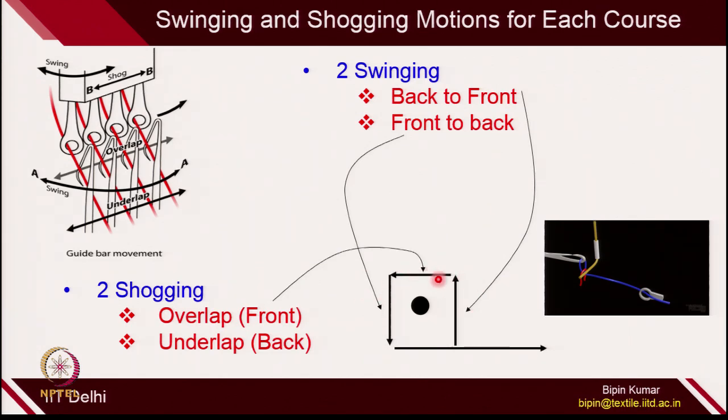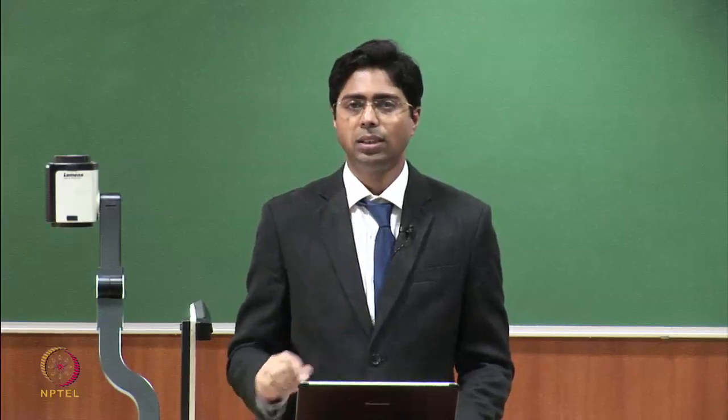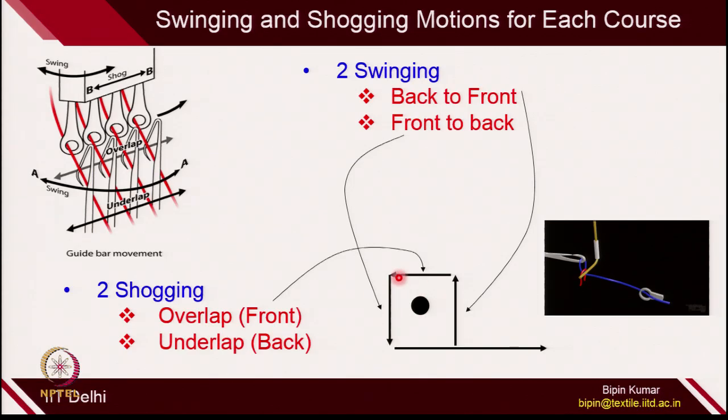along the needle bar. You can see at the front side, the guide bar is moving from this point to this point. This is the lateral shift, and here the guide bar travels some distance in the direction of the needle bar. If that distance is on the front side of the needle, this is called overlap, and the second distance in the lateral direction is underlap, which is at the back side of the needles.